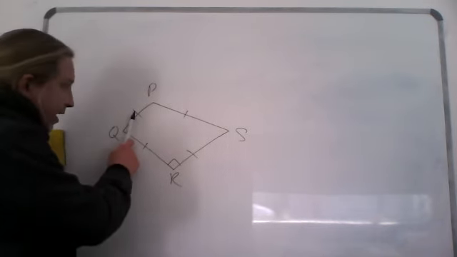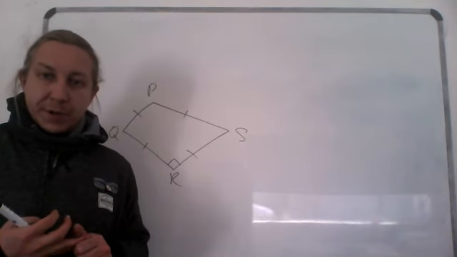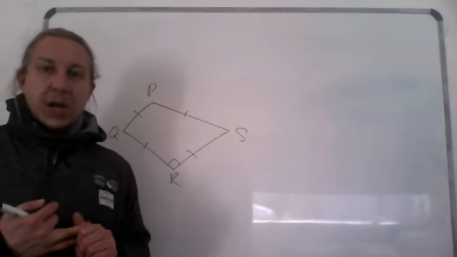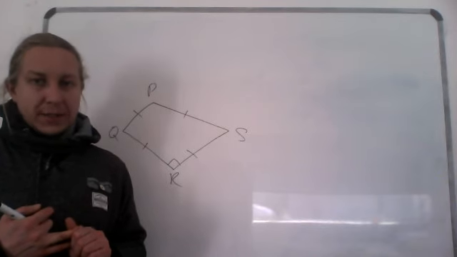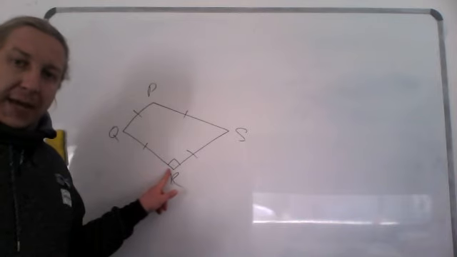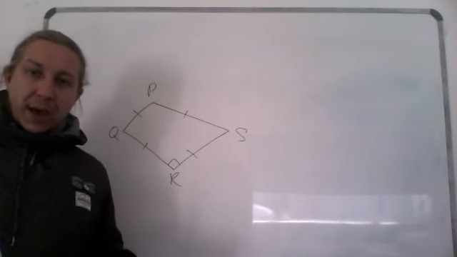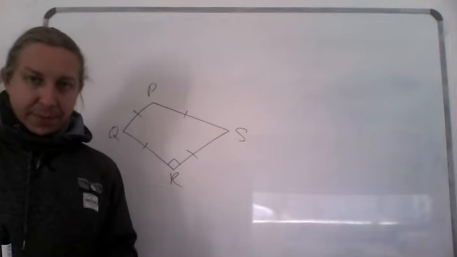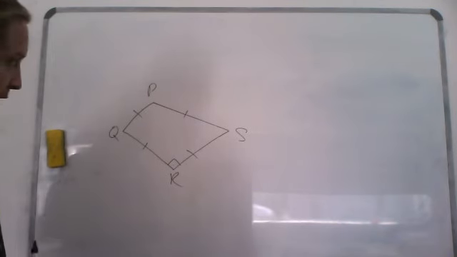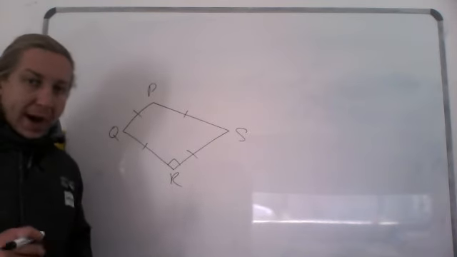That means it could be either of two shapes, a square or a rhombus, because only on those two shapes are all the sides the same. But because we have a right angle over here, it means that this rhombus is a square. So we're going to conclude that this shape PQRS is a square. Why?